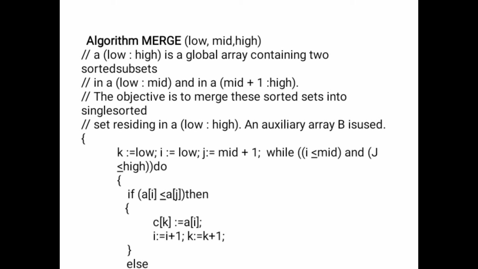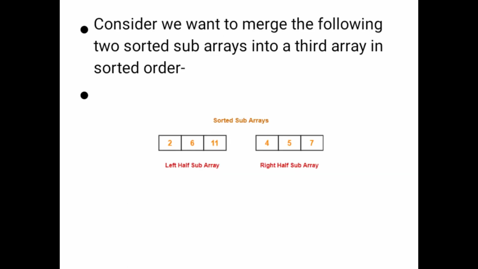Then if A of i is less than or equal to A of j, you are inserting that smallest element into the other vector C, which has the pointer k. Then you are moving to the next element by incrementing the pointers i and k.